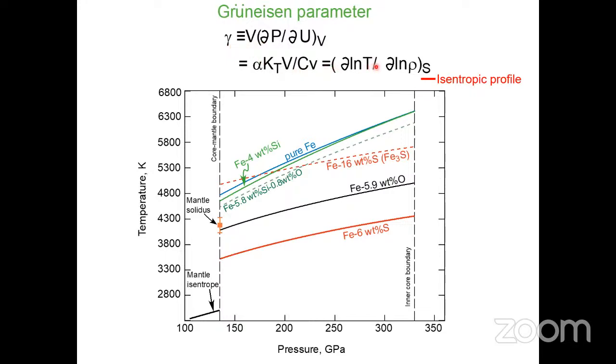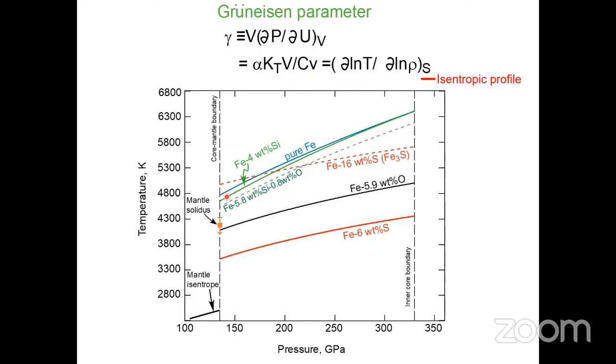It represents the temperature change according to the density change at an isentropic condition, so this produces the isentropic temperature profile. Thermodynamically, we can calculate this using thermal expansivity, bulk modulus, volume, and isochoric heat capacity. All these can be derived from the Gibbs free energy.